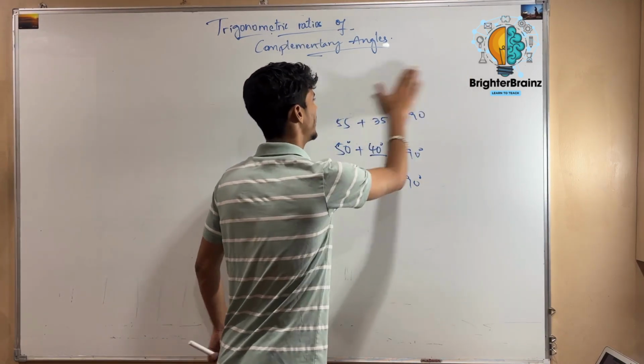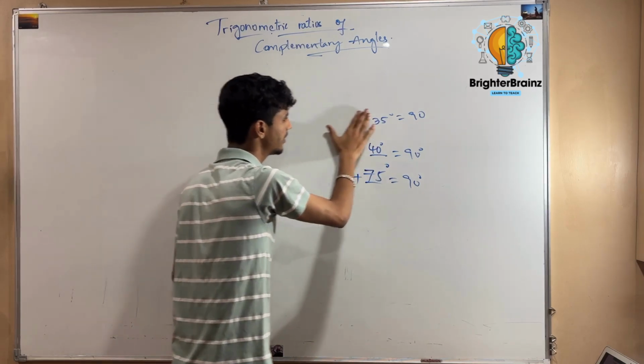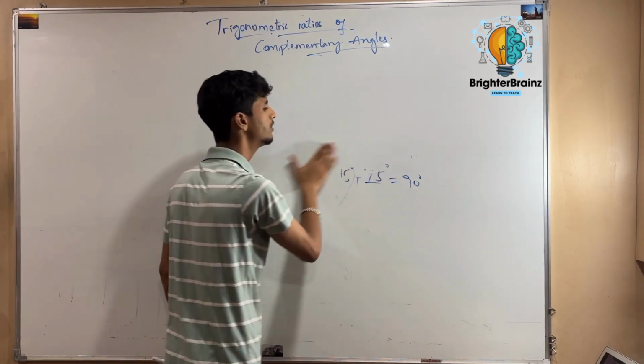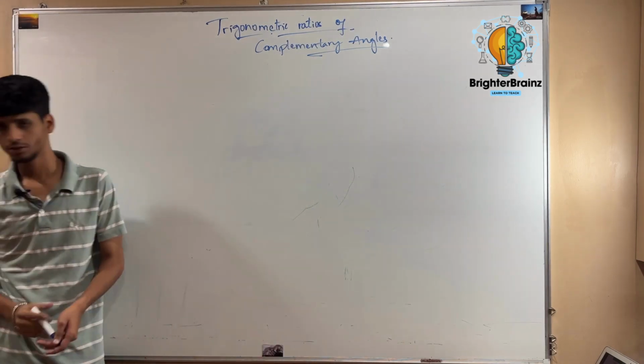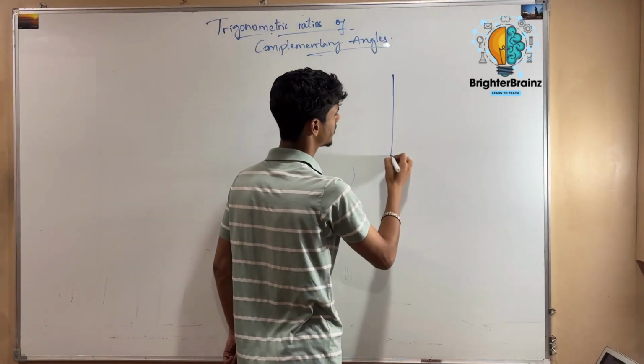Where do we use this concept of complementary angles in trigonometry? First, trigonometry is all about the right angle triangle.